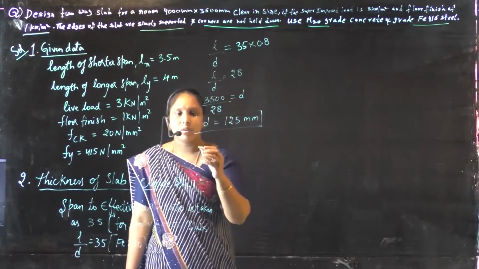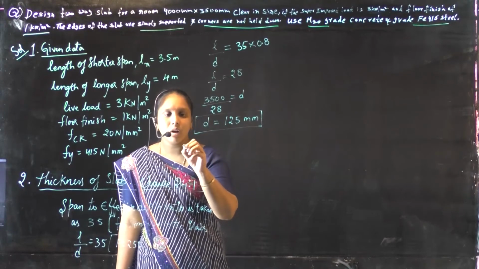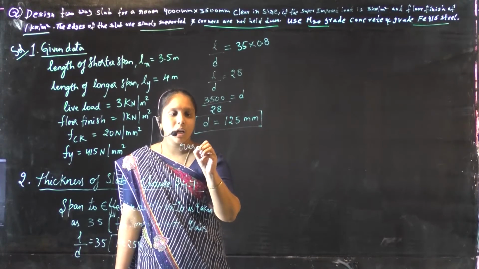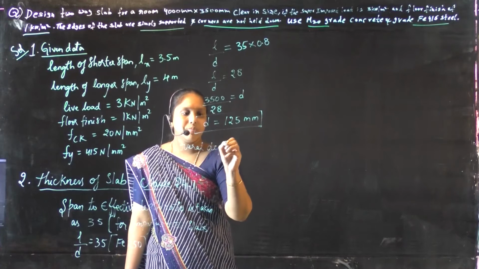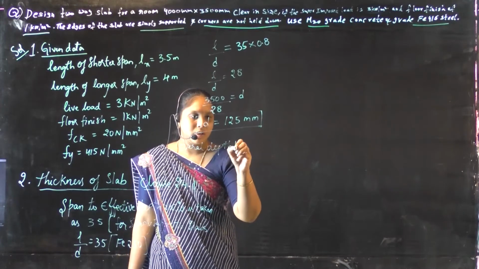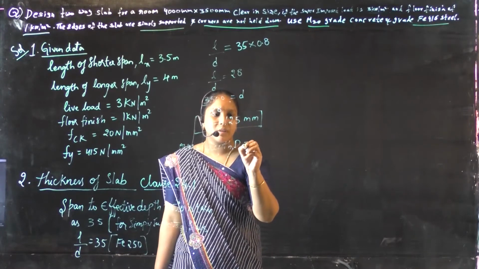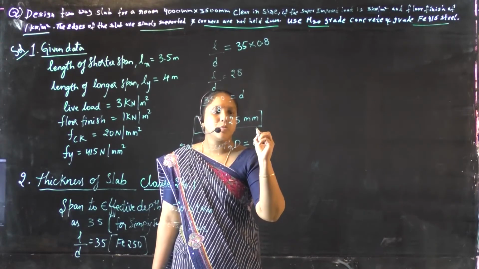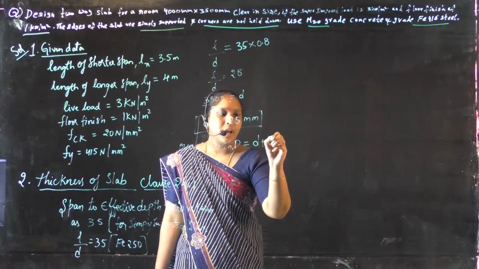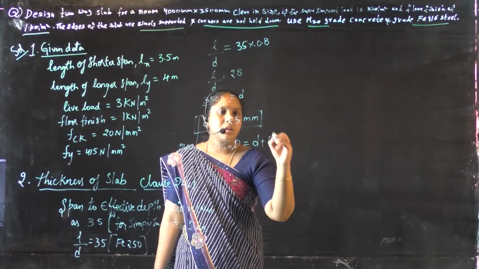So now what? We have to find out the overall depth, capital D. So what will be the overall depth capital D? Overall depth capital D will be the effective depth small d plus some effective cover.